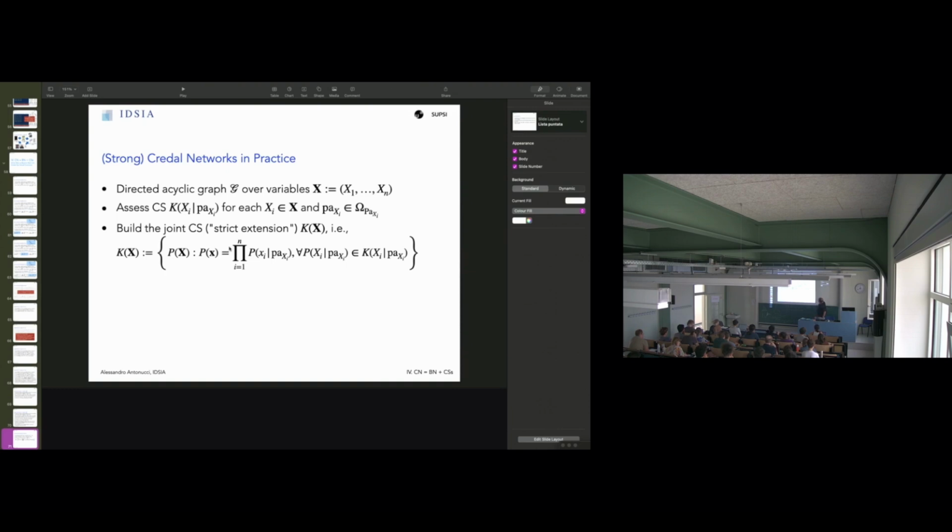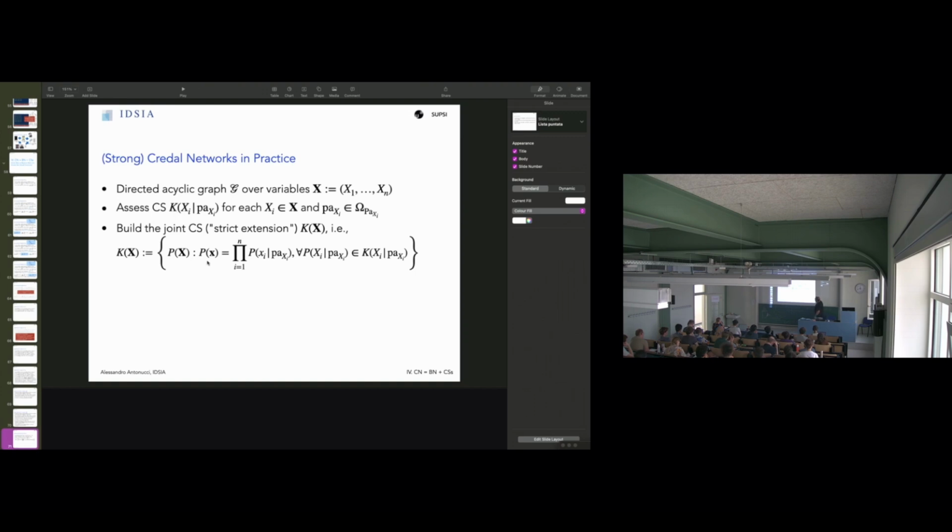So let's start from scratch and see the ingredients to build a credal network. We have our variables. We have a graph, and as usual, we have the semantics of the graph, which is the Markov semantics. So basically, the graph describes conditional independence in the strong independence sense. Now, for each variable given the parents, a Bayesian network has a probability mass function, and a credal network has a credal set.